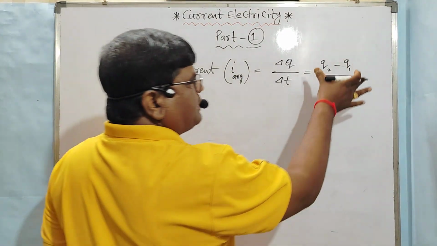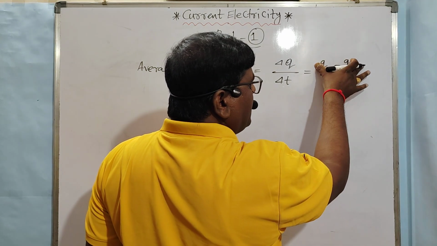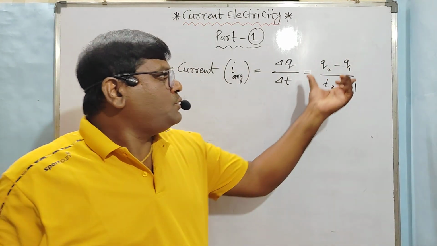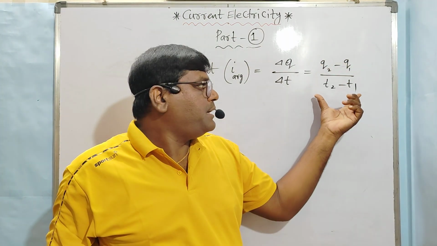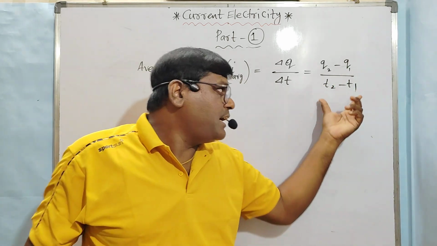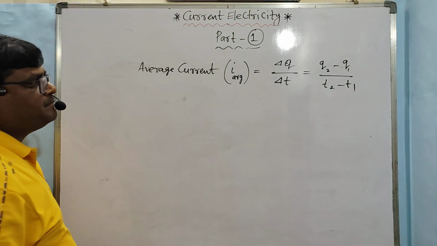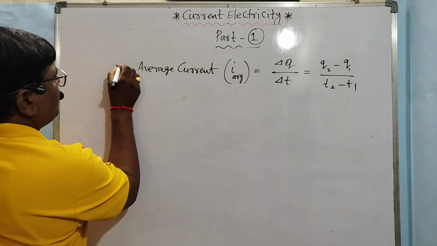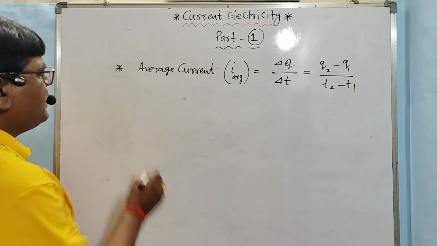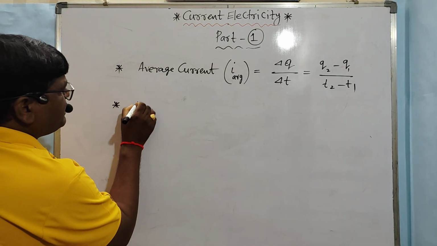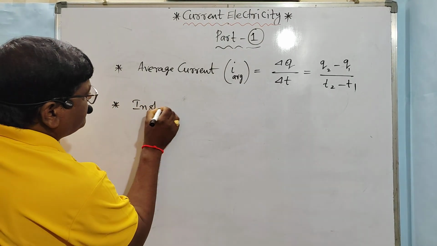It is also written as the total charge crossing through the ends of the conductor divided by the time interval. This is the average current. And as well, what is the instantaneous current.